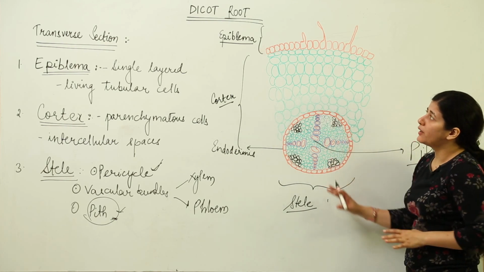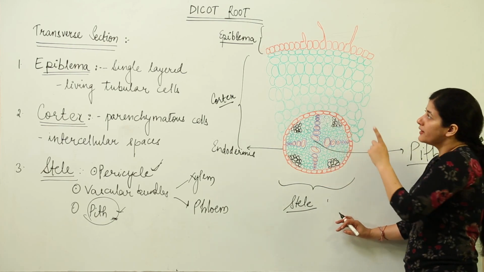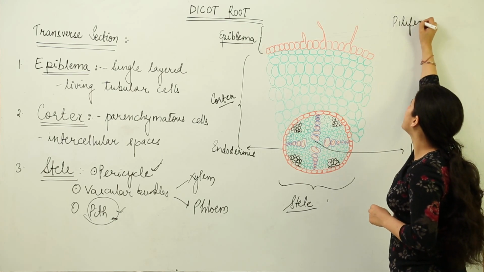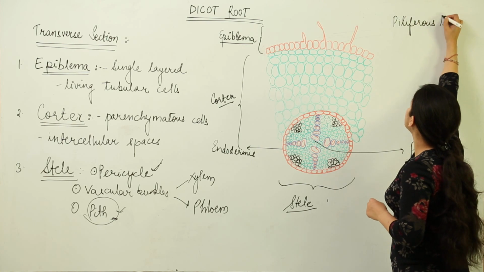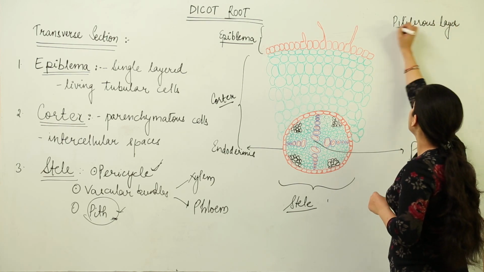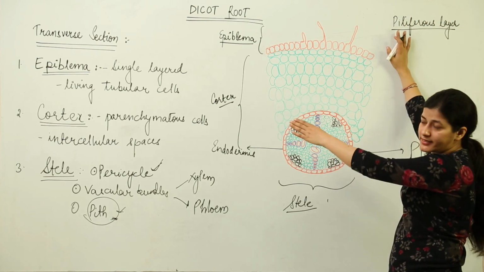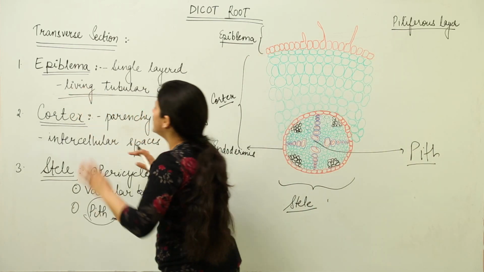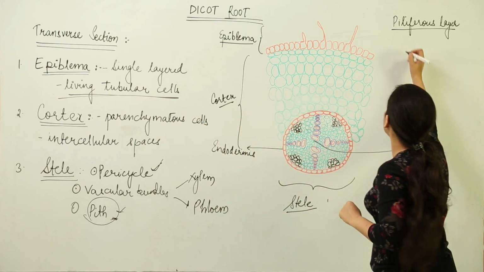Now talking one by one, about epiblema, the other name for epiblema is piliferous layer. Remember it? Now this piliferous layer has living tubular cells, as I have mentioned over here. Then there would be parenchymatous cells.